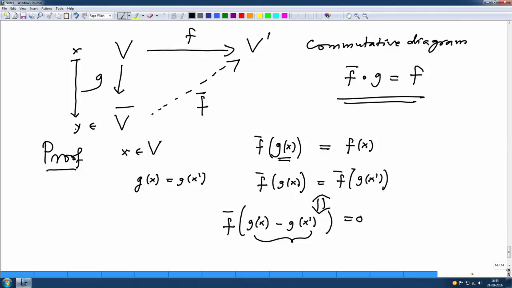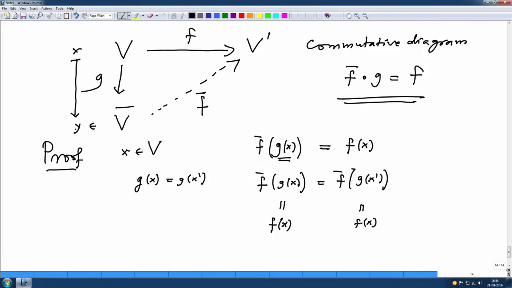No, okay. But if you want to say that it is well defined, sorry, you can do it much quicker. See, we want to check these are well defined, means this equals fx and this equals fx. So, that means we need to check that the kernel of f should contain kernel of g. Yes, so see, x and x prime go to the same y.